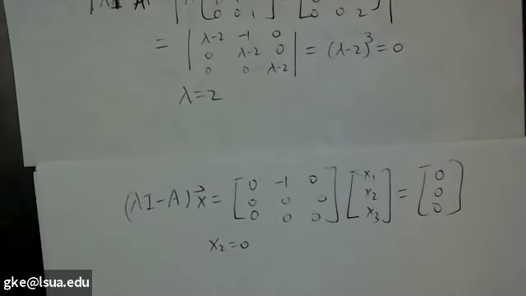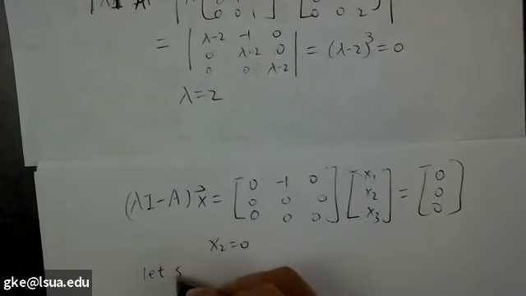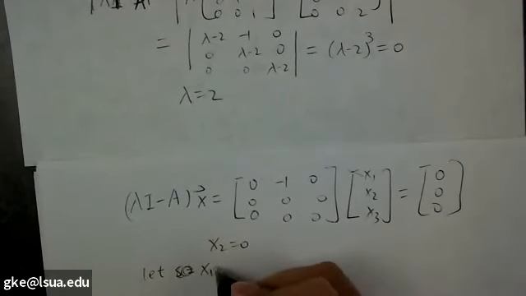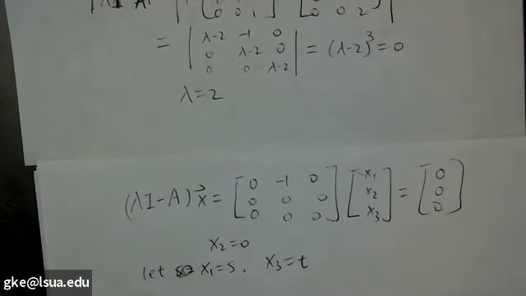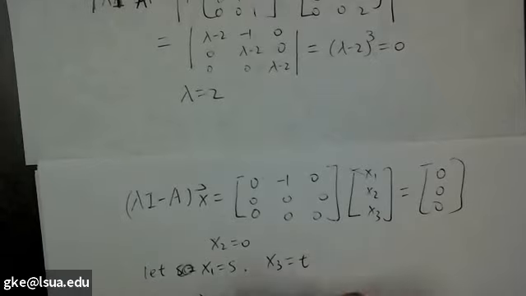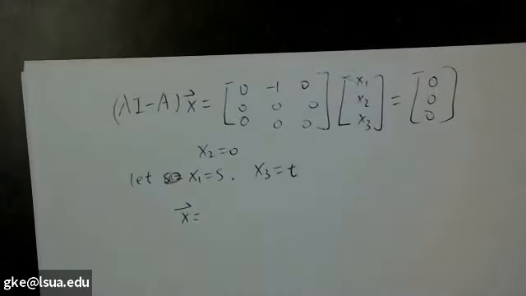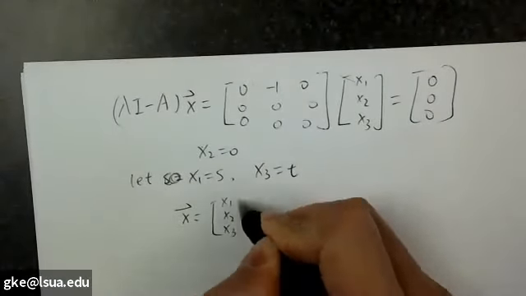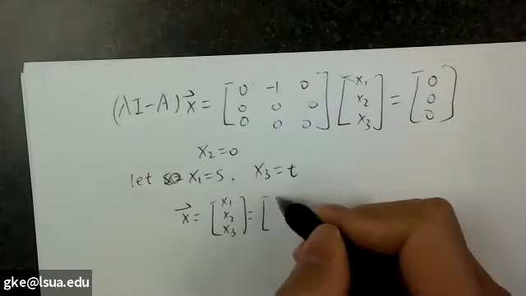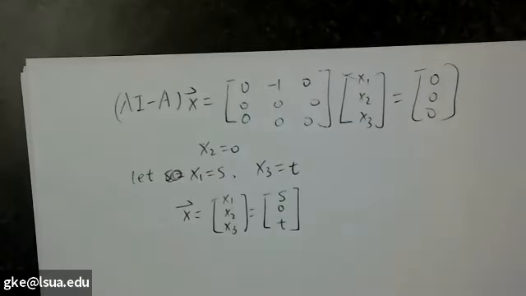So how to find the solution? We just let, for example, x1 equals s, x3 equals t. That means the vector x can be written down as (x1, x2, x3) equals (s, 0, t).